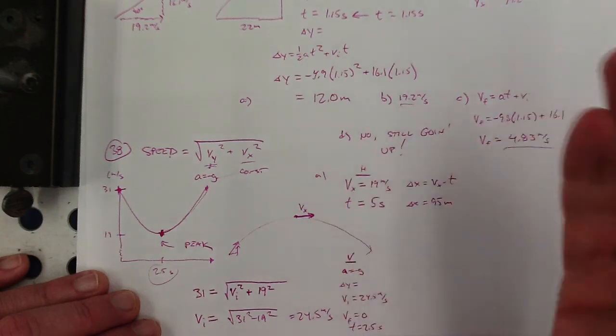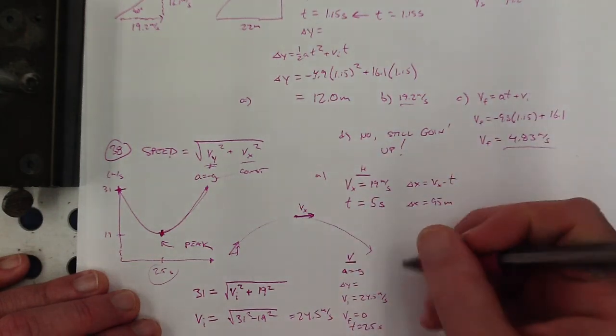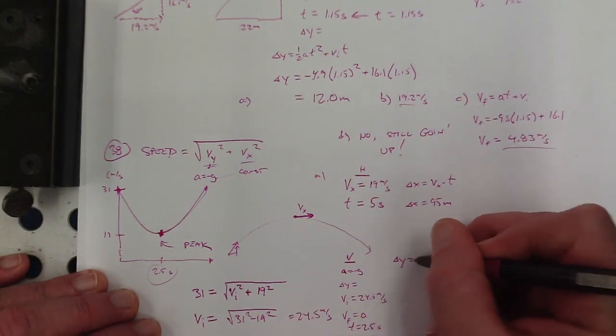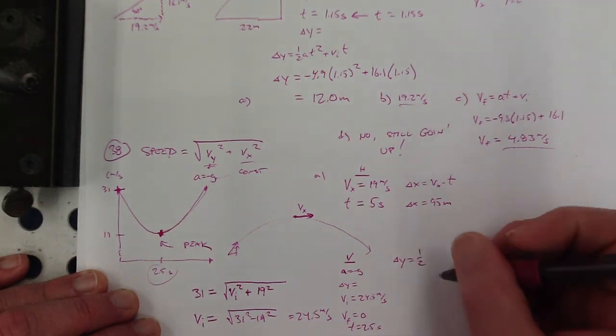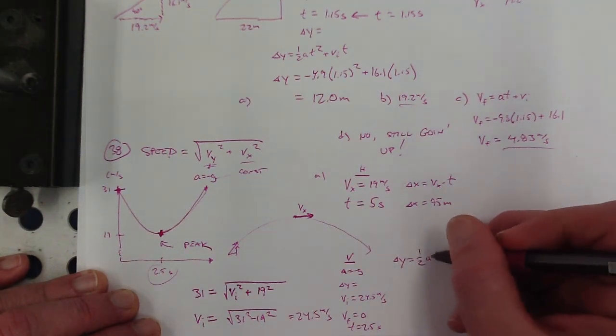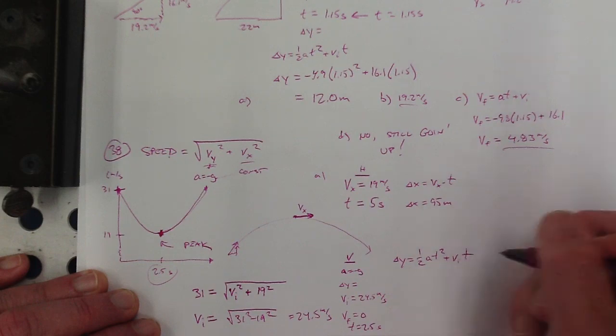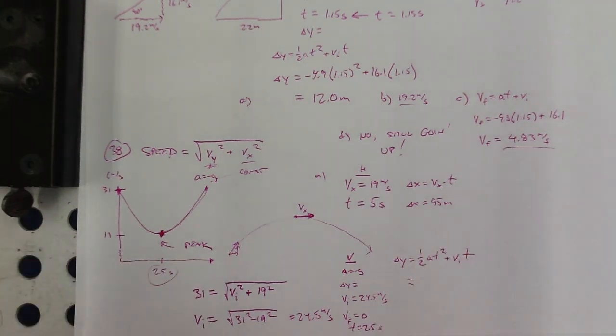So what equation do you want to use? It's your choice. Anything with a delta y in it. 1/2 at squared plus Vit. I'm just going to use that one because, you know, I'm a big fan of the 1/2 at squared.